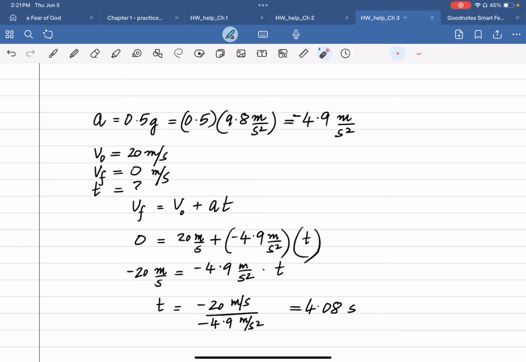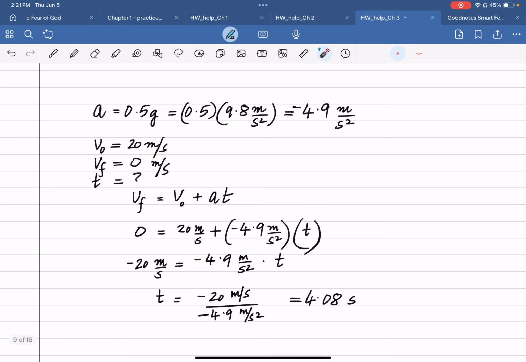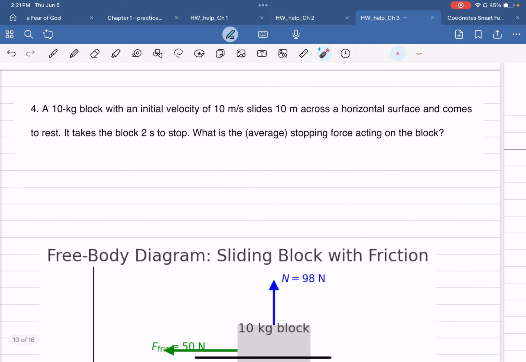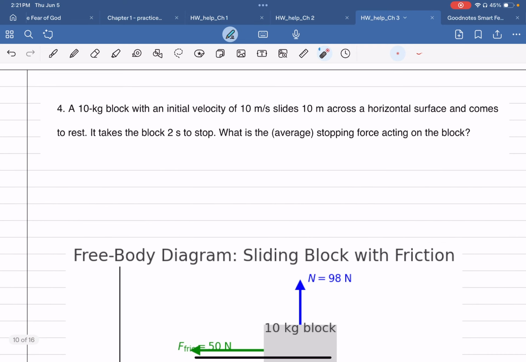So that's question number 3. Moving on to number 4. Okay, let's see what this is. A 10 kilogram block with an initial velocity of 10 meter per second slides 10 meter across the horizontal surface and comes to rest. Look at that statement.